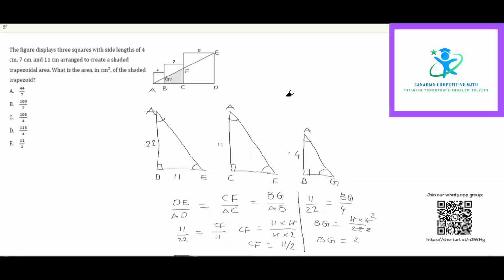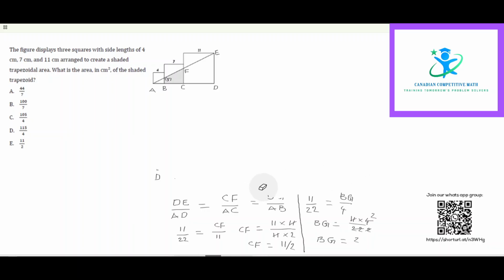If I draw the trapezoid, let me erase this whole thing for clarity. Hope you understood here.